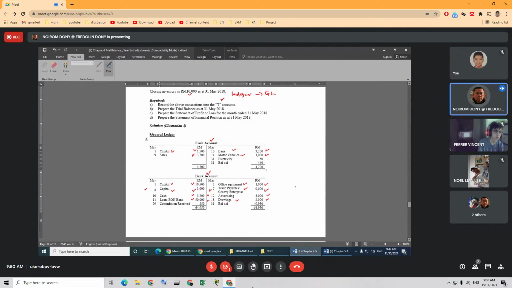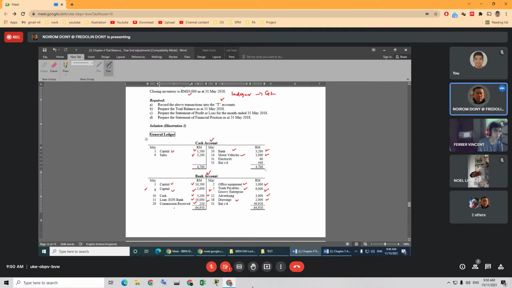Okay, on the 29th, banked in a check for 250 as commission received. So the keywords that I have highlighted to you are bank and commission received. So meaning your bank increases. So that is why 250 is being debited. And the name of the account that is being credited will be commission received.